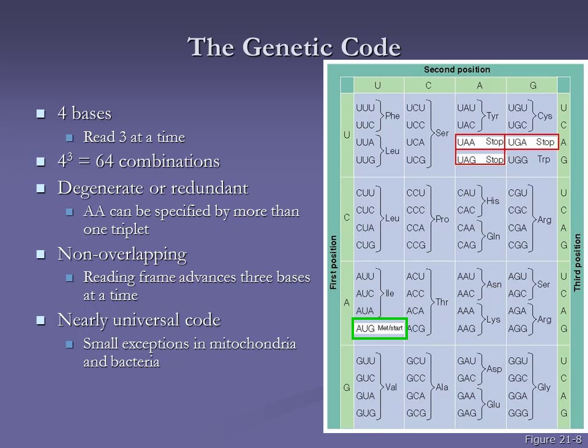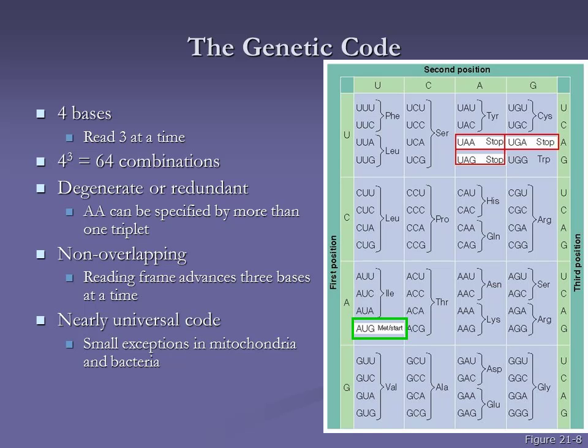So we look at a couple of ways to match the right code with the right amino acid. This is what we had coming up. On the left-hand column, you have the first nucleotide in your codon, U, C, A, and G reading down.